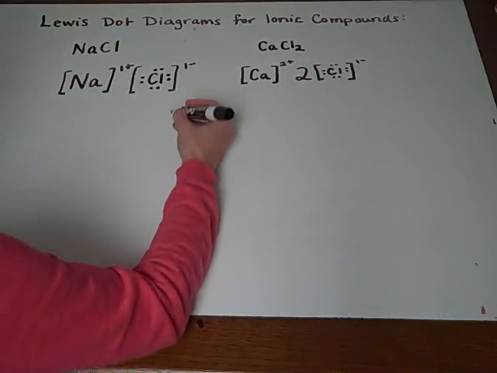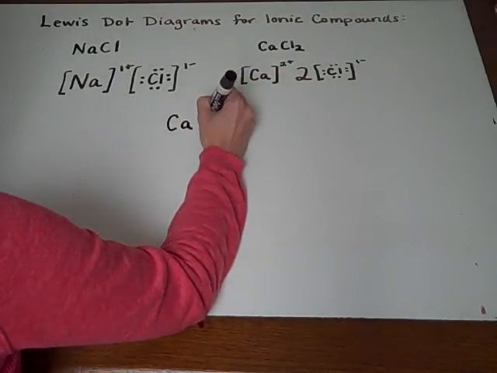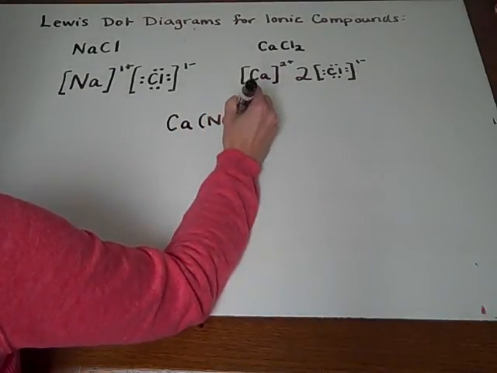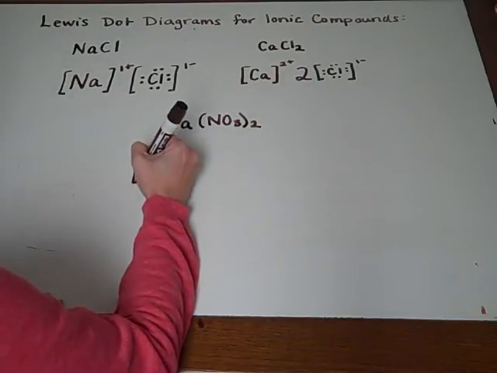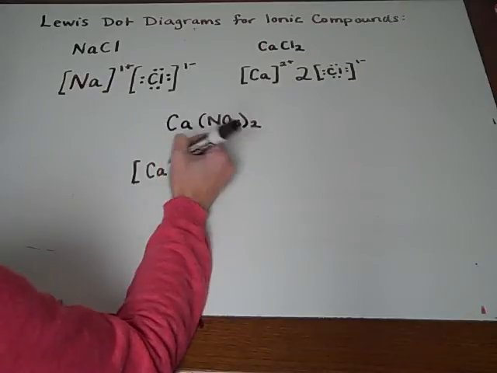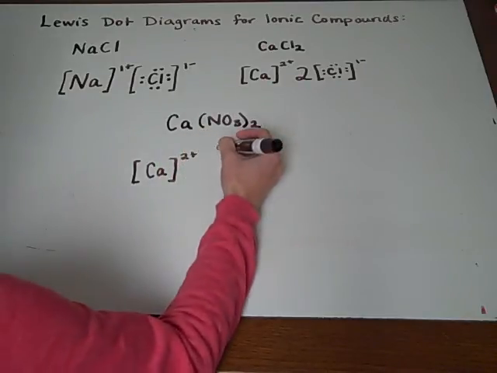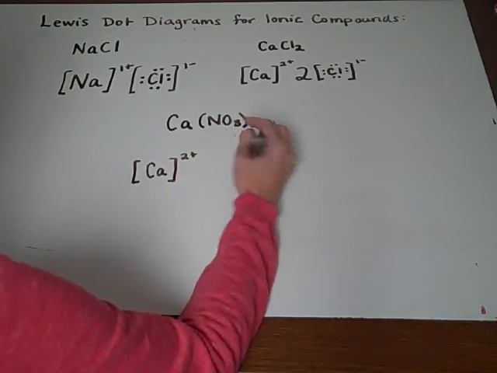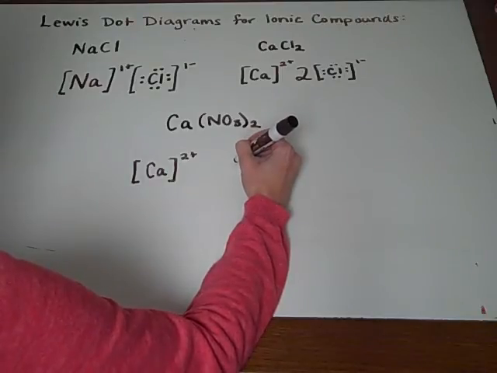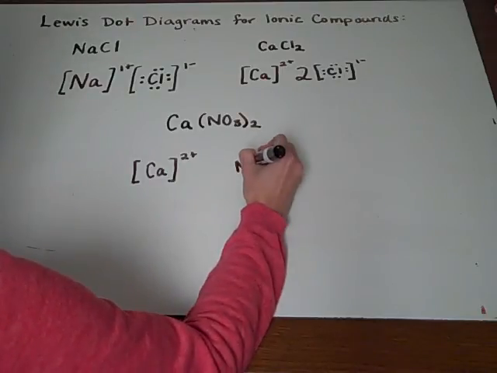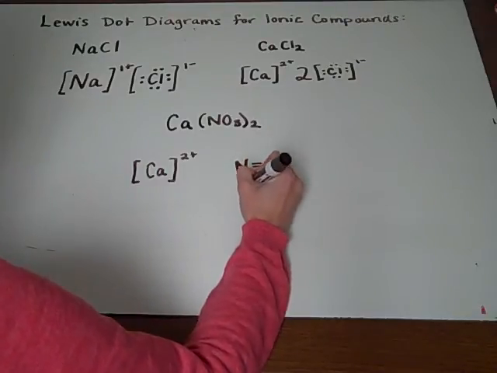Alright, what do we do for polyatomic ions? Let's look at CaNO3 twice, Ca(NO3)2. So we have calcium, had 2 electrons, right? Gave them away. It becomes a 2 plus charge. Now, what do I do for NO3? Well, NO3 we've drawn a Lewis dot diagram for, right? And I'm not going to go through and redraw the Lewis dot diagram because we've done it a couple times.